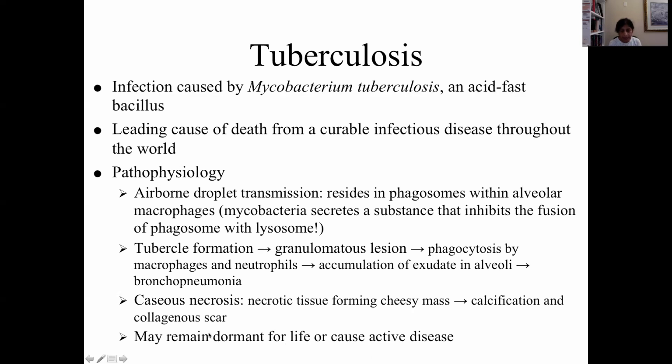Okay, it's nothing but the local tissue that's destroyed because of inflammation, because of infection, having this cheesy mass, and eventually it calcifies and then also becomes fibrous. So this becomes a scar locally.